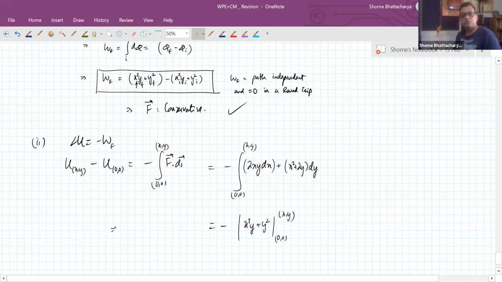And this quantity here would be the potential energy at the general position x, y minus the potential energy at 0, 0. Now this quantity was given to us as 20 joules. And this we want to calculate. Okay. So now we have this expression.